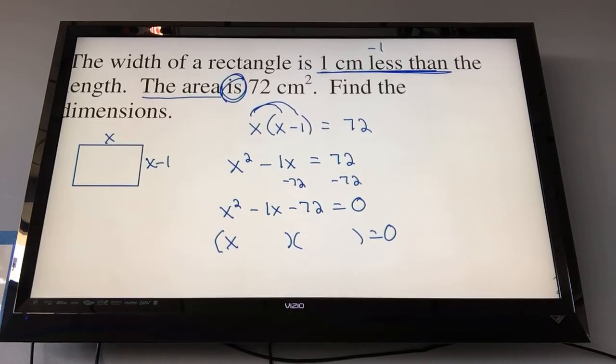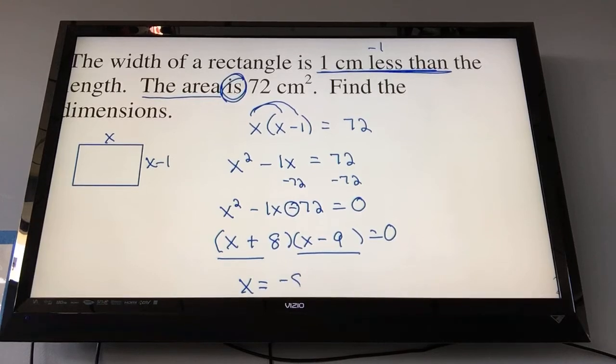So X times X, minus at the end means 1 of each. And what's my pair of numbers? 8 and 9. Which one's my negative? 9. So my possible solutions, negative 8 over 1, positive 9 over 1, of which we eliminate, which one again?